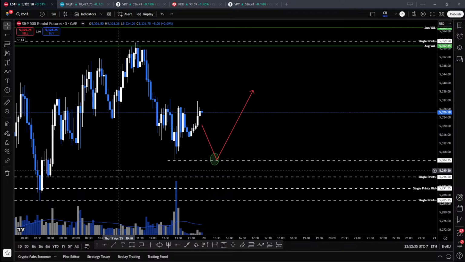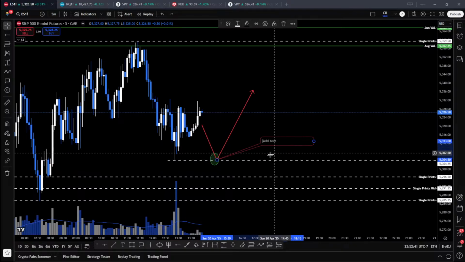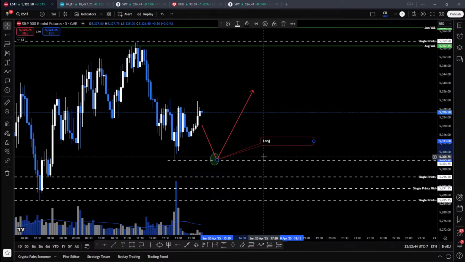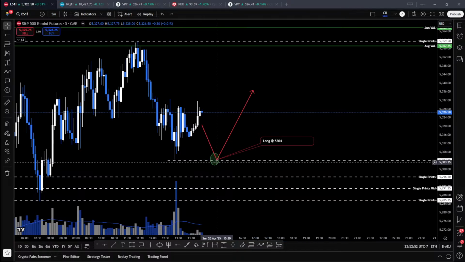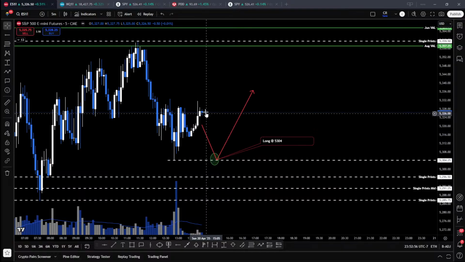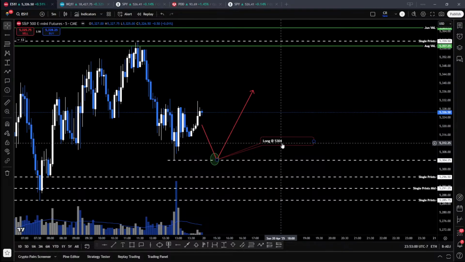As a futures trader, I just put an order here, and I can get up and walk away from the computer. And as long as price comes to here, I'll get filled at this price.